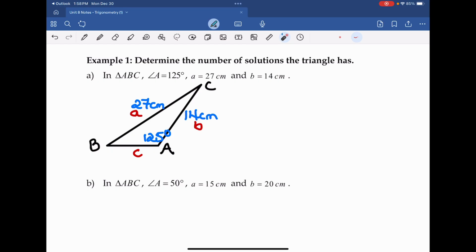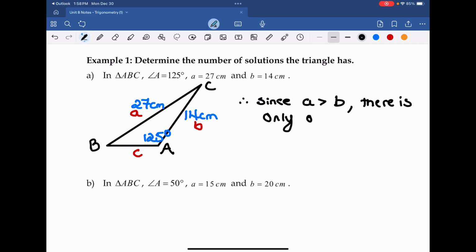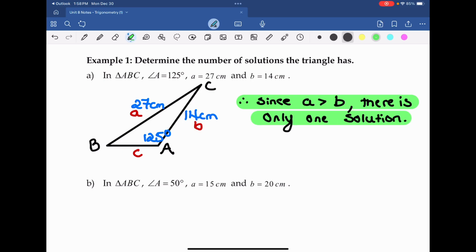So when we see this, we're just going to simply boil it down to, since side length A is greater than B, we say that there is only one solution. Perfect. This is a prime example of there can only be one triangle constructed in this given situation.